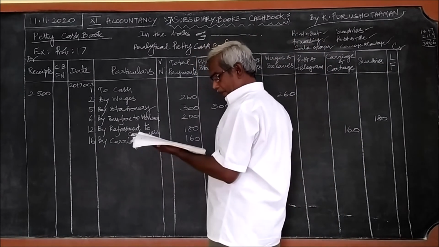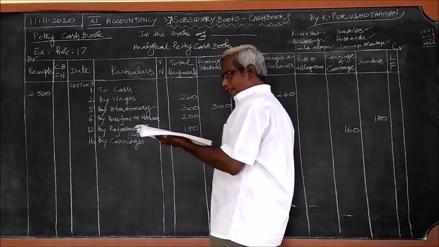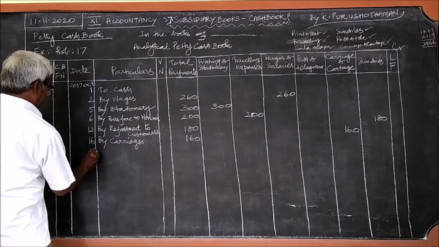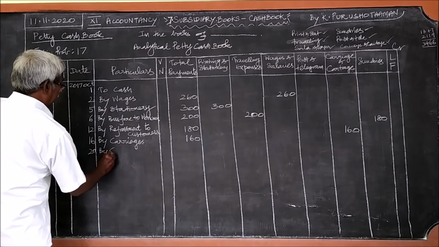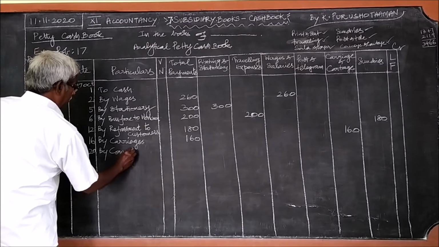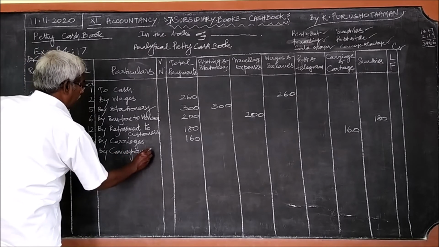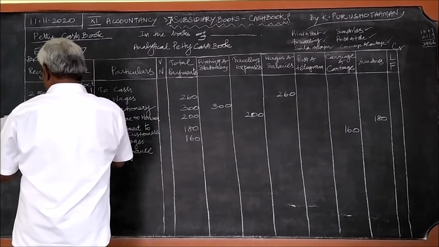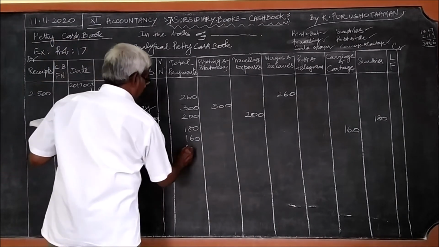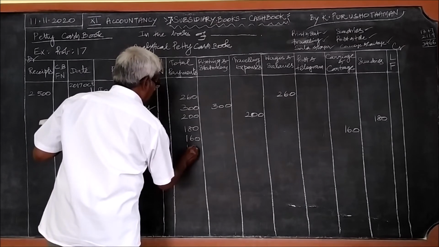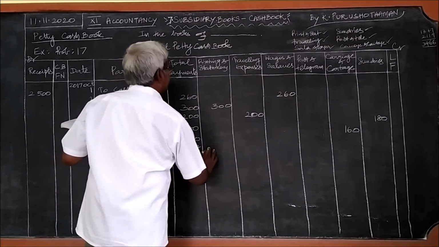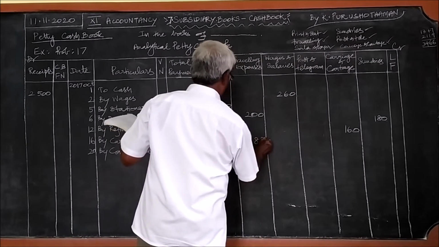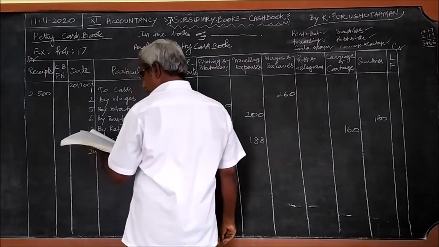Then paid for conveyance 20. Conveyance charges means travelling expenses. By conveyance 188. This is travelling expenses, 188.